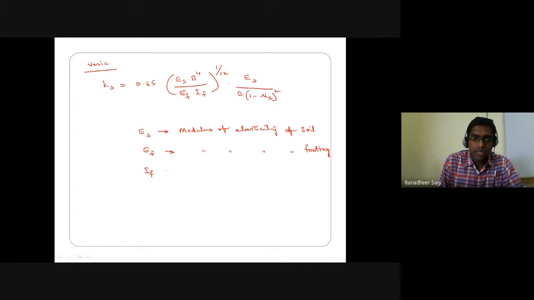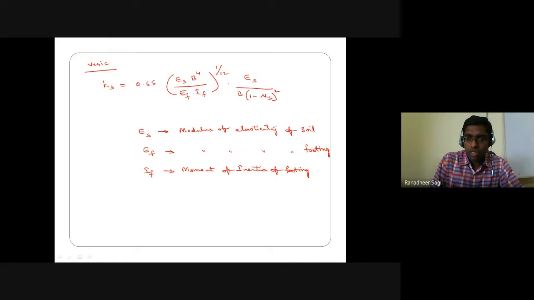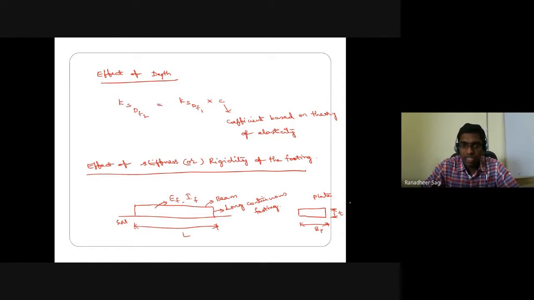IF indicates the moment of inertia of the footing about the neutral axis. Okay, I'm sorry, there is a small correction to what I have indicated here.